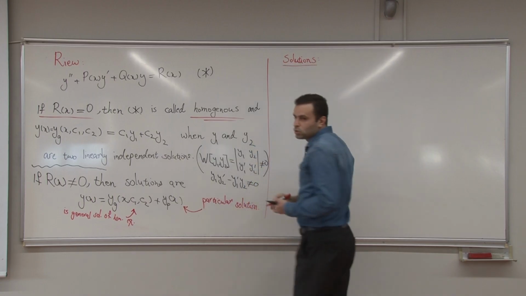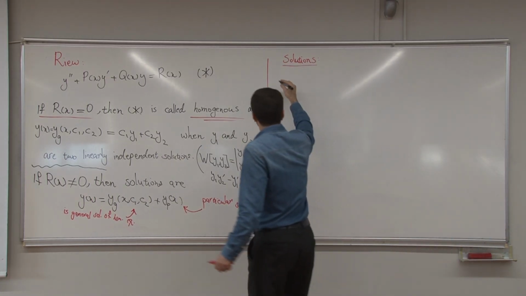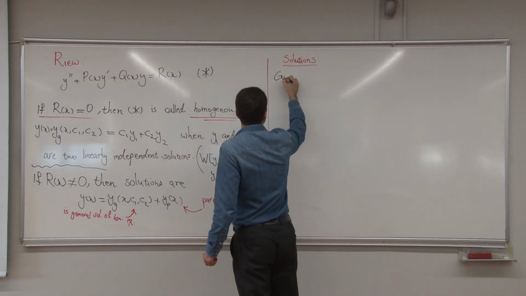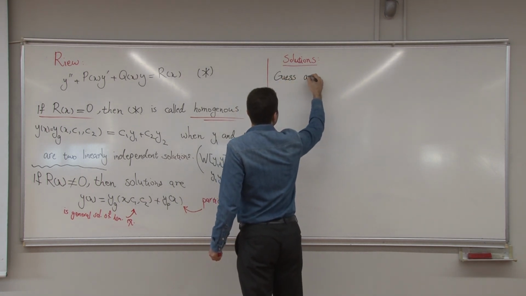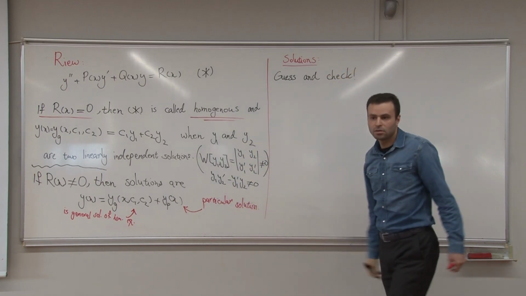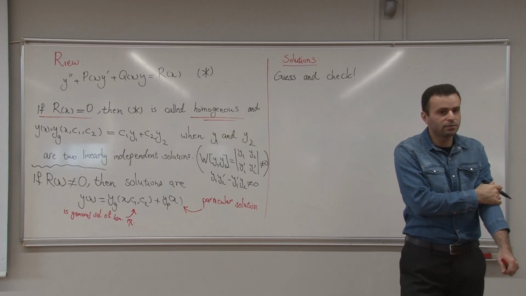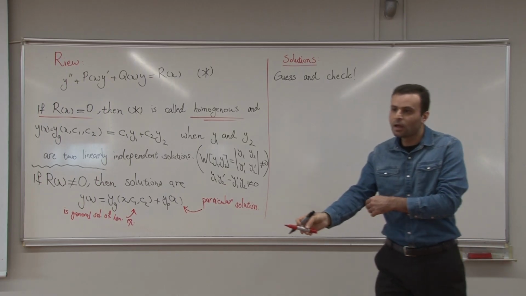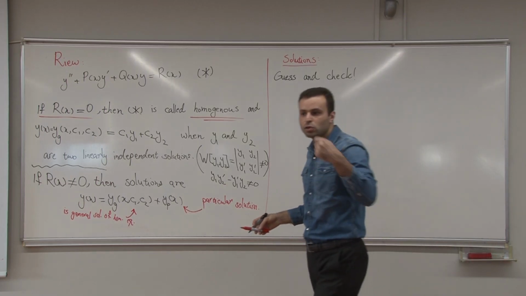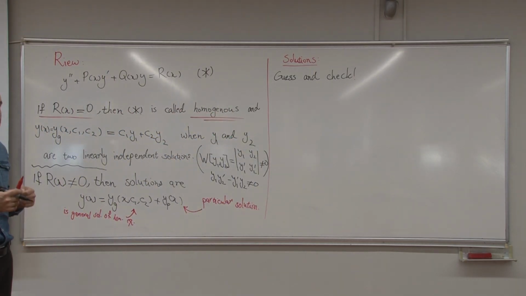when we are talking about solutions, our first approach is to guess and check. Exactly. In the homeworks, you will also have this kind of examples, right? An equation is given, two solutions are provided to you, and you are asked to please check if they are solutions of these equations or not.